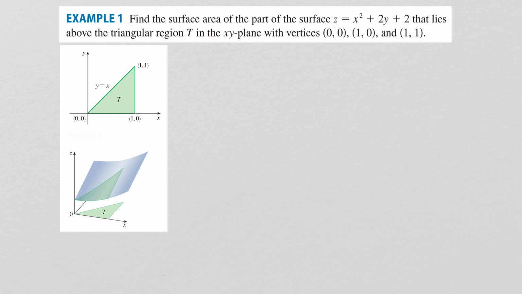So to do this, first, let's just recognize that z equals x squared plus 2y plus 2 can also be written as f of x, y equals x squared plus 2y plus 2.